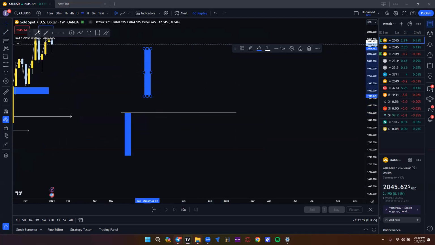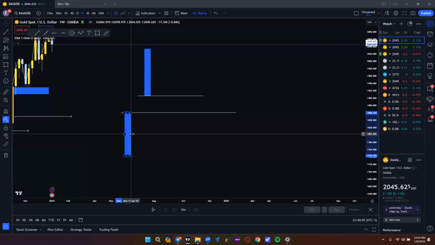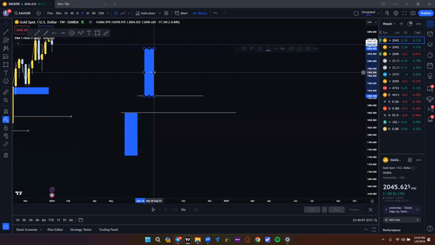So you're going to ask yourself, where is the gap level? What is valid? Which one is the point that I need to use? Because the candle closed here, but it opened here. Let me just draw it for the example. You need to know this, and it's not that confusing.